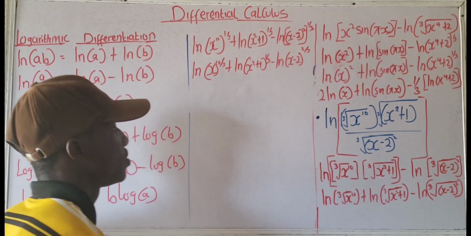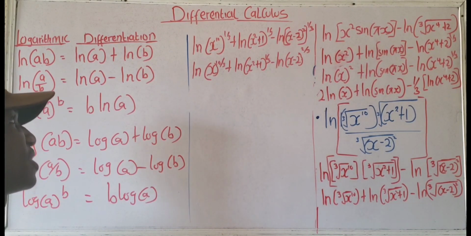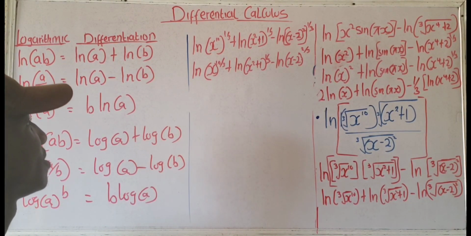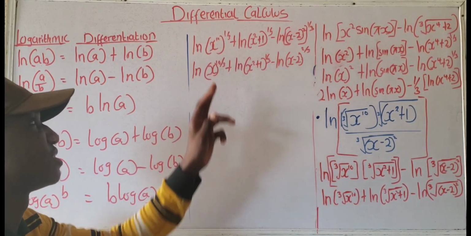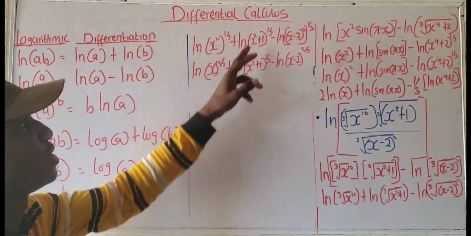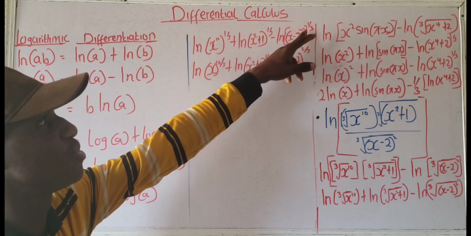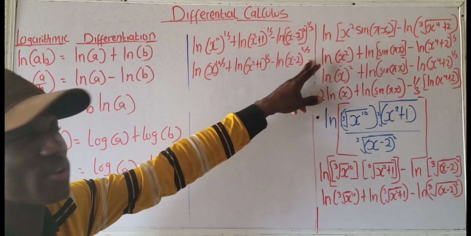Do you know how I got this? Kindly pay attention. See, 10 multiplied by 1 is 10, that will be 10 over 3. 2 multiplied by 1 over 3 is 2 over 3, you understand?